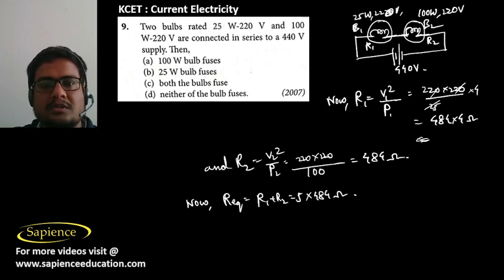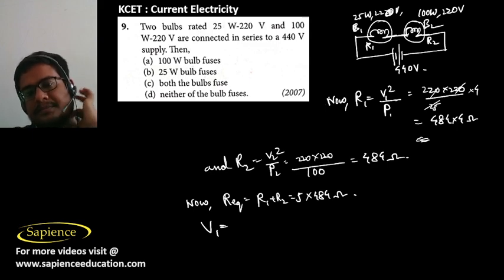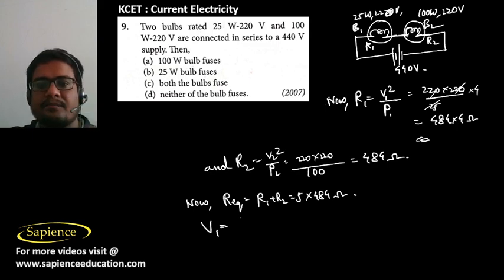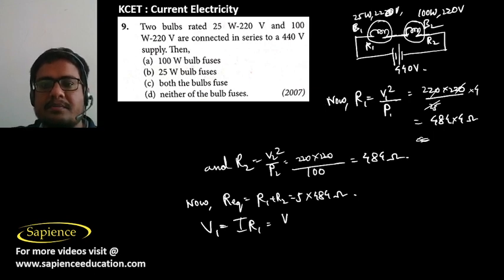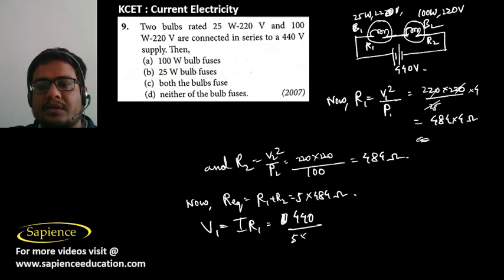So now therefore the voltage drop across R1, that is V1, will be equal to I into R1. So how much current will flow? That will be V by R equivalent, that is 440 divided by 5 into 484.